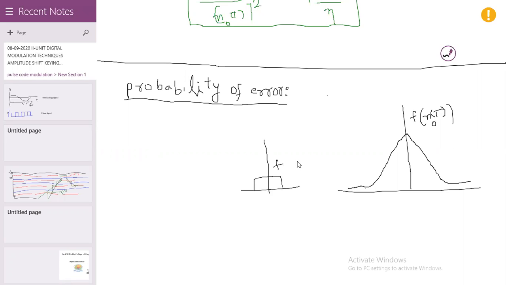This is a uniform, and this is a Gaussian. Now our data is corrupted with the added noise, e to the power of minus n naught of t.